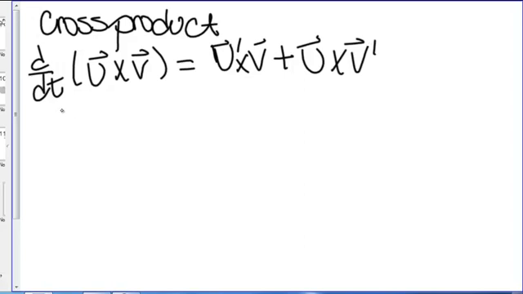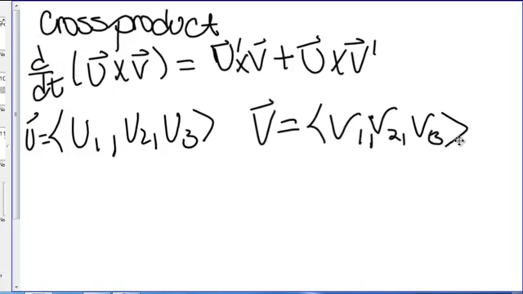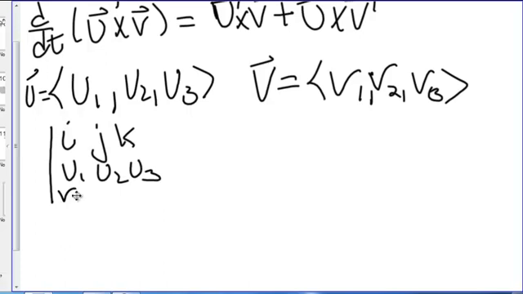So if u is u1, u2, u3, and v is v1, v2, v3, then if we take u cross v, we have i, j, k, u1, u2, u3, v1, v2, v3, going across, take the determinant.